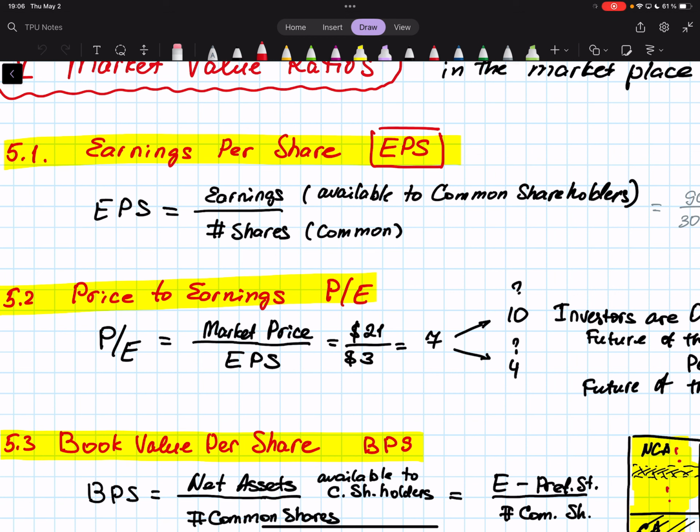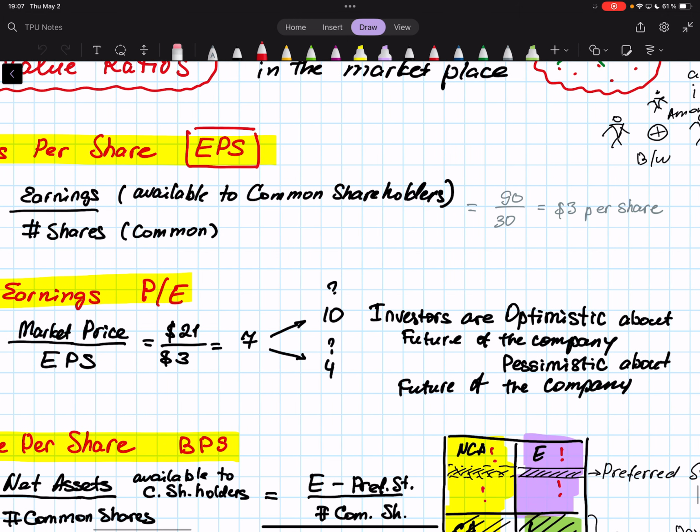The EPS ratio is calculated by taking the earnings that the company makes, and this is the earnings available to common shareholders, and dividing it by the number of common shares. So we looked in our financial statements that earnings available to common shareholders were 90, and we suggested that this company has 30 shares.